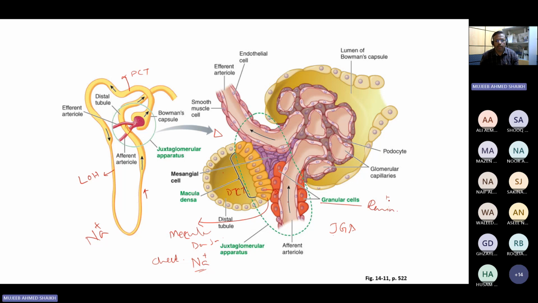Because of excessive sodium, renin secretion will decrease, and because of decreased renin secretion, things will reverse back to the initial position. This is how it will function.